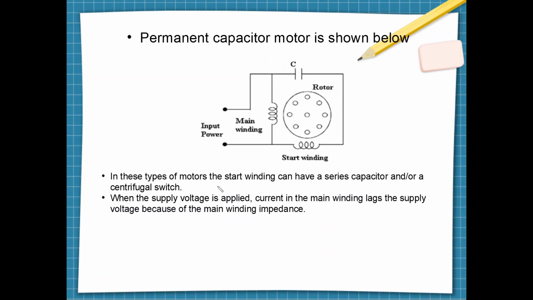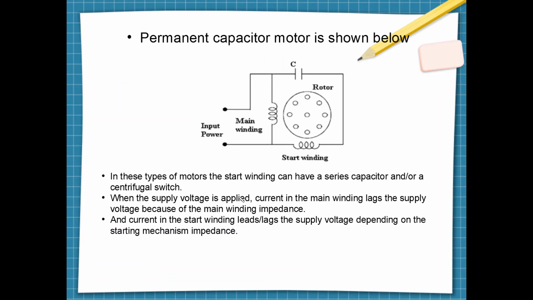When the supply voltage is applied, current in the main winding, that is this one here, lags the supply voltage because the impedance of the main winding will be higher as compared to the start winding, and current in the start winding lags the supply voltage depending on the starting mechanism of impedance.